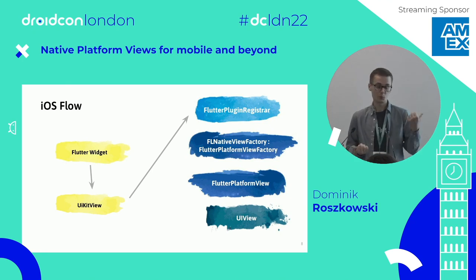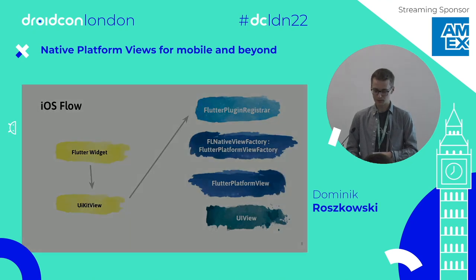But once you see the code, you will see that it's actually very simple. There's not much happening besides some boilerplate code. What is important on iOS, we can return any UI view. We're going to dive into what kind of UI view we can return in iOS in a second. And on the Flutter side, the widget that's used to render a native view is just called UIKit view.